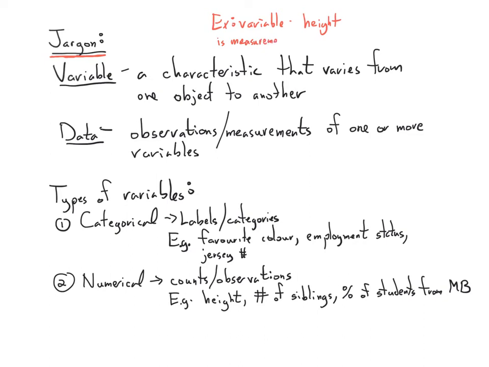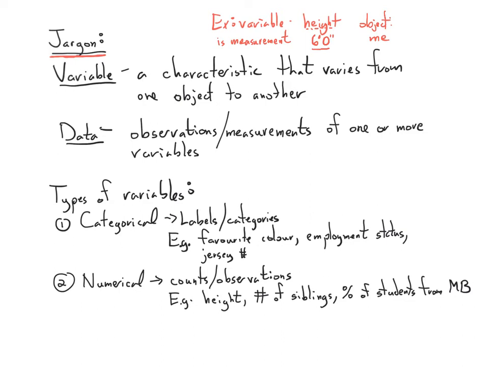So let's say for me, if I was the object and you were measuring the variable height for me, you would measure my height as 6 feet and no inches. So that is the data that goes along with the variable height for the object, me. So that's an example of variable and data.